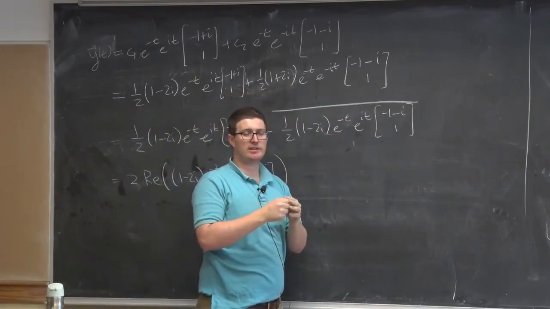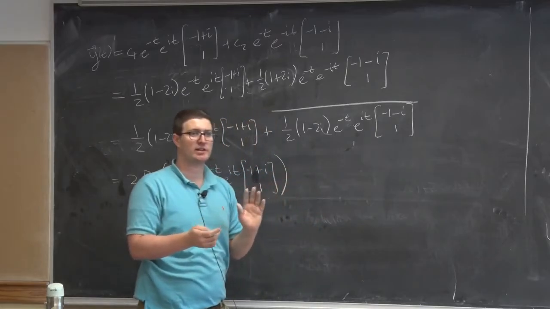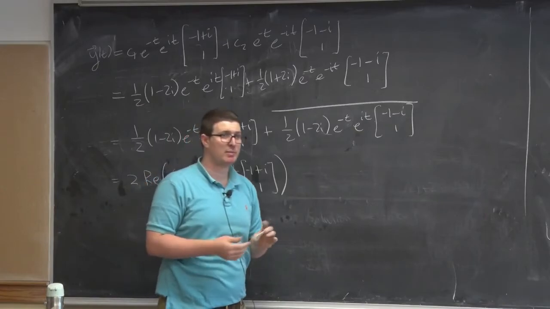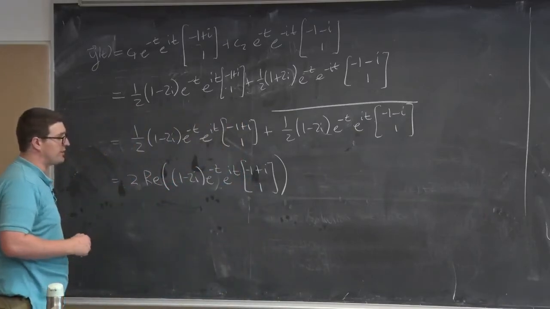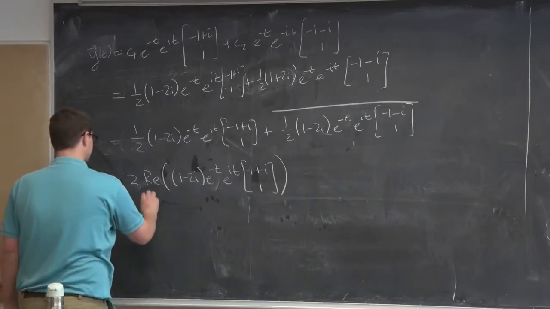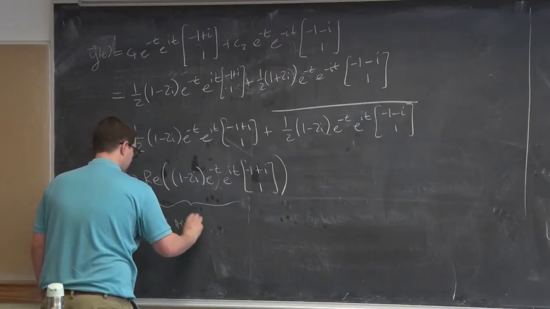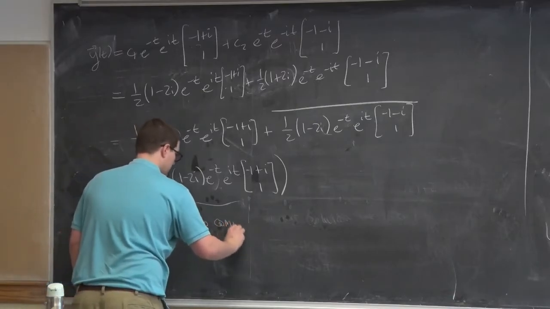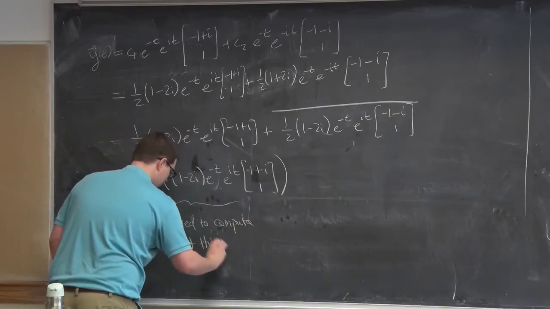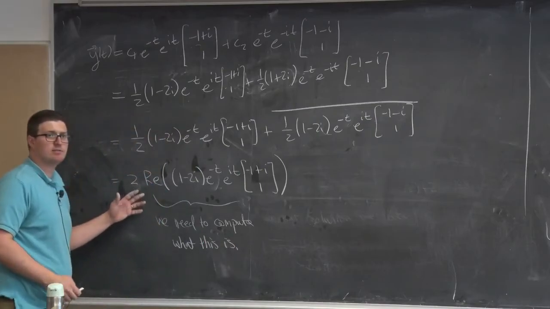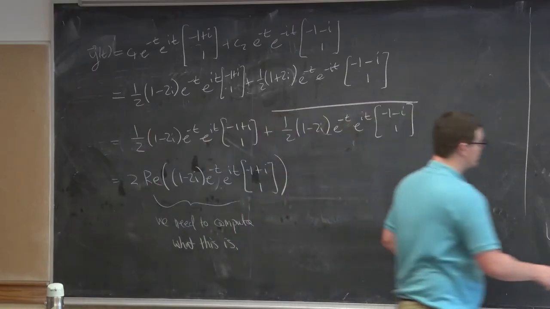It doesn't matter if you take the complex conjugate first and then multiply them out, or multiply them out and then take the complex conjugate. That's a useful property that we're using right now. Okay, so it remains to compute what this thing is. Does this make sense as to why this is real now? Okay, everyone's giving some nods.